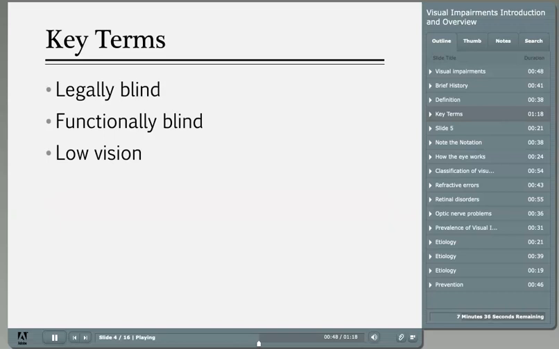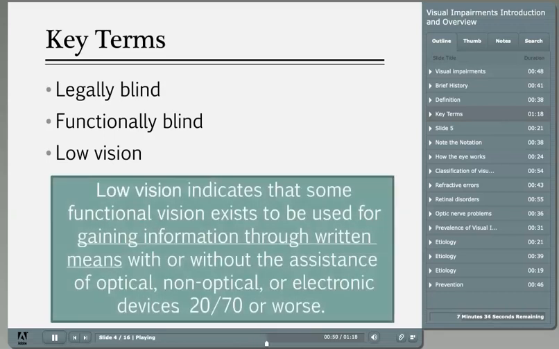Low vision indicates that some functional vision exists to be used for gaining information through written means, with or without the assistance of optical, non-optical, or electronic devices, usually 20/70 or worse, with correction. A big part of the definition of low vision is whether the person can get some information from print.